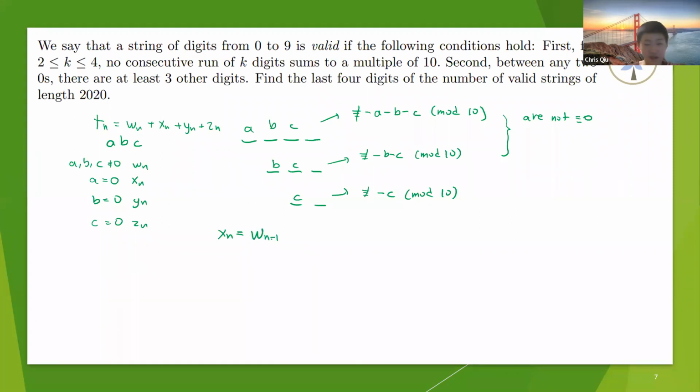So we're going to get that X of n is equal to W of n minus 1 plus Y of n minus 1. And then there's going to be 7 ways to choose the last digit. So there's going to be a 7 at the end.